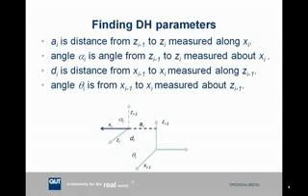The angle alpha i is the angle from the zi-1 axis to the zi axis, measured rotating around the xi axis. The di parameter is the distance from xi-1 to xi, measured along zi-1. And the angle theta i is from xi-1 to xi, measured about the zi-1 axis.